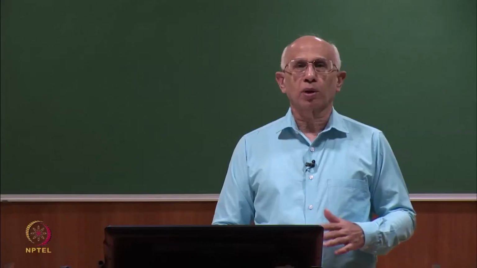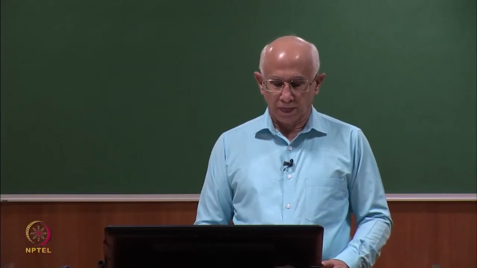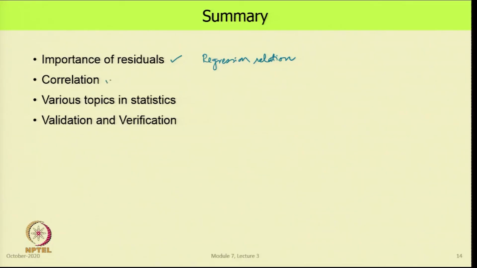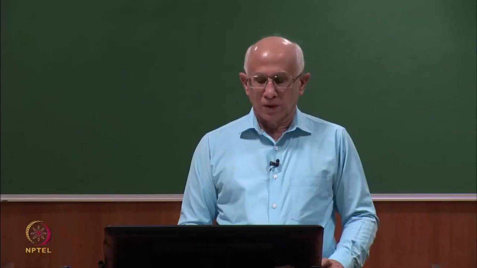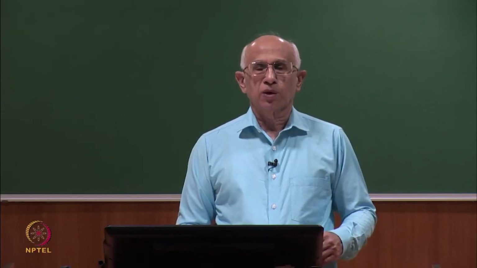Do not just blindly put in the linear regression. Then we looked at correlations, looked at some basic aspects of that. Then we realized that there are many more topics in statistics which are required for many other things beyond just looking at uncertainty. And we concluded by saying what is validation and verification in the context of engineering work and how this connects up with experimental work.